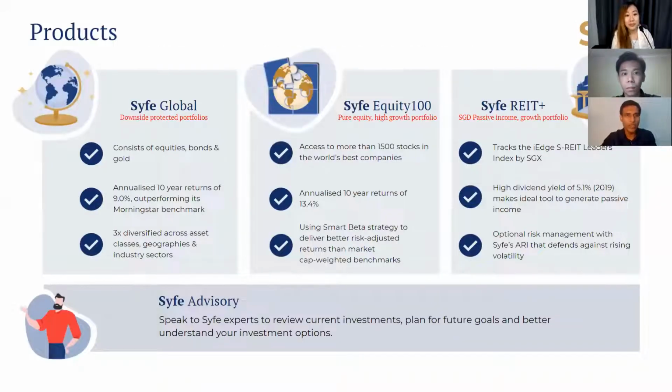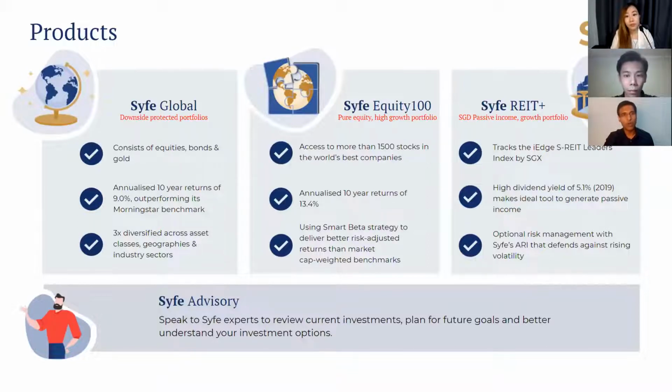So let's actually cover some of the products that we have, right? So broadly, alongside the core satellite approach, we are very conscious in terms of the kind of portfolios that we want to give out to our clients, yet not be a big menu item where you just get lost about what to do and how to do it. So I think broadly, we try to address two big objectives when it comes to investing.